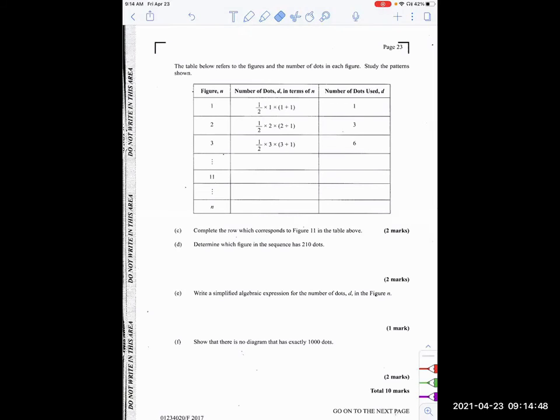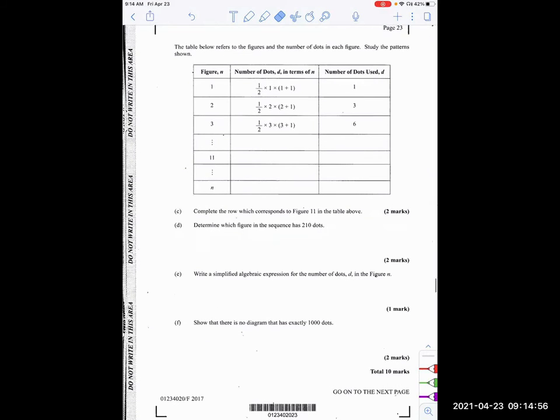Now, before we attempt to use the formula that I gave you all just now, we have to see if the common difference is the same. How much do I add to the number 1 to get 3? 2.